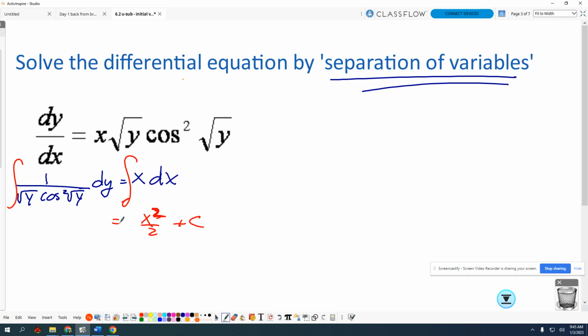And I gotta pick one side to put the plus C on. Don't be crazy. Just put it with the x's. Carmen, any suggestion on how I can manage the left side? Okay, what would you make the u value?